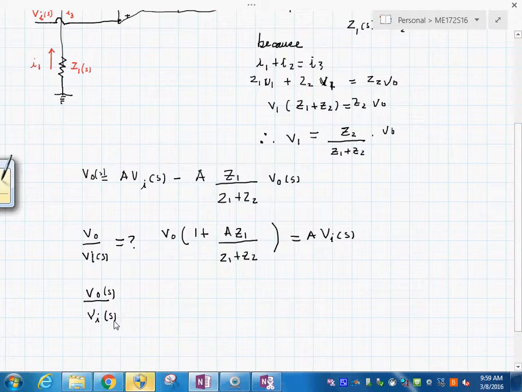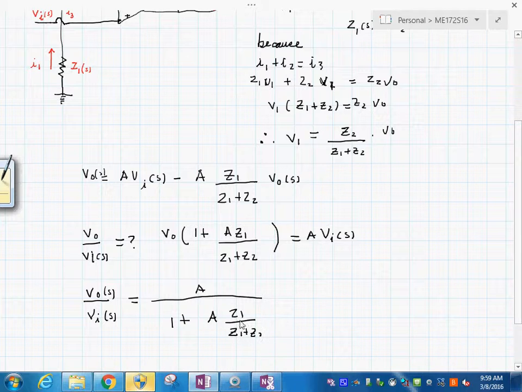If you multiply both sides by 1 over A, and you come down here and multiply 1 over A times 1 plus A Z sub 1 over Z sub 1 plus Z sub 2, what do you get?